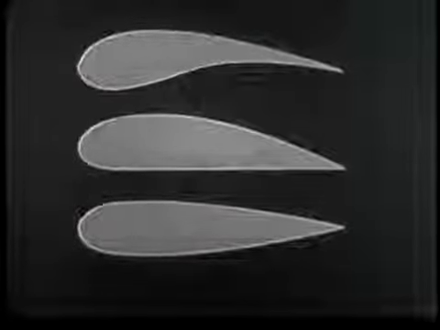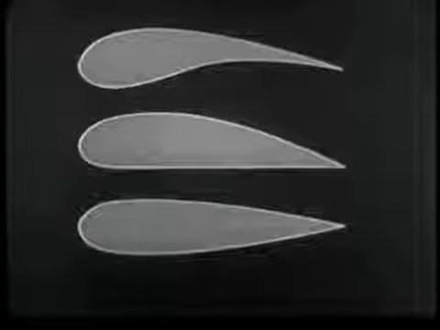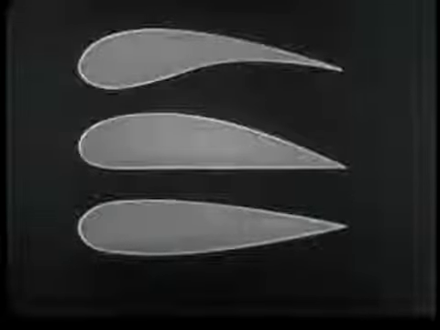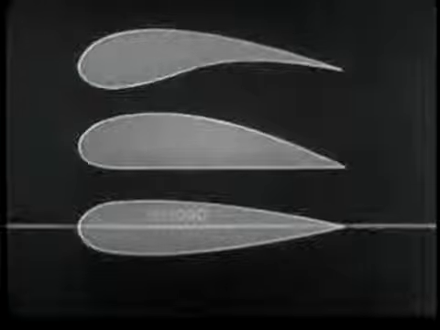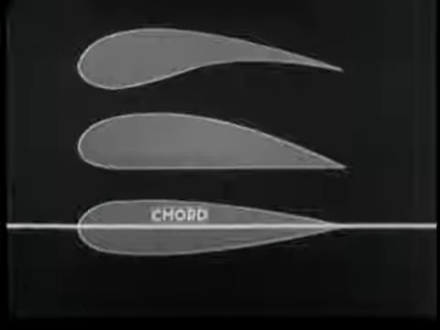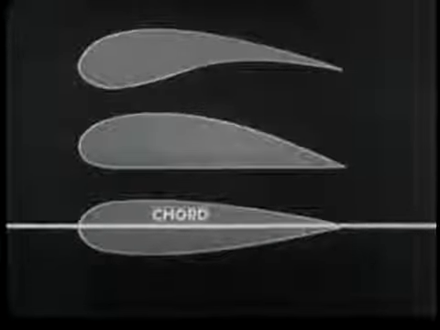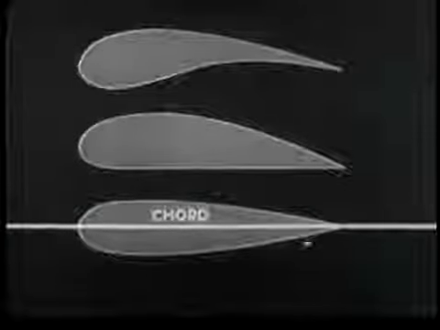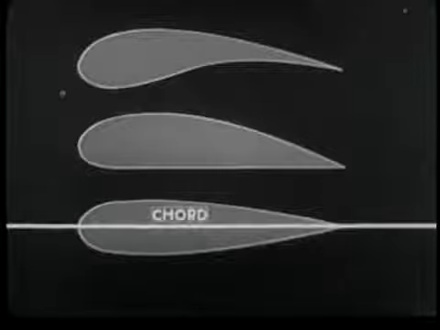Relative thickness and curvature of airfoils vary considerably. In general, a line through an airfoil's leading and trailing edges is known as its chord. This is the case of motion relative to such air or other gases.